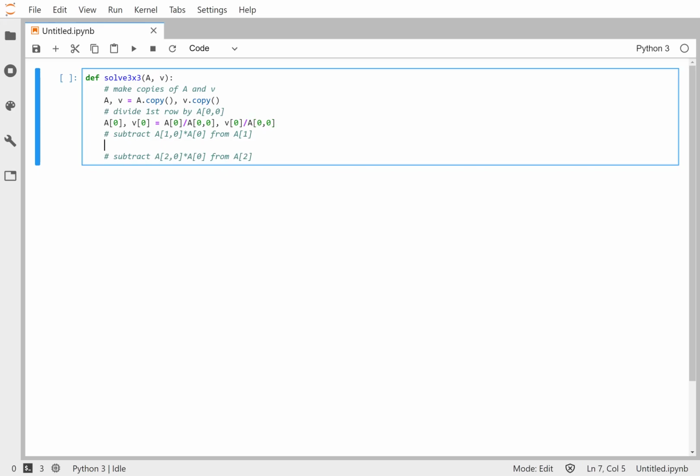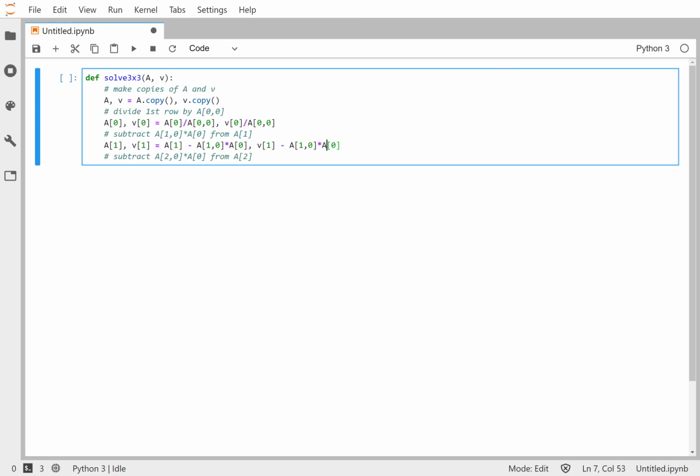All right, so now our next line here, we want to take the row 1, that'd be the middle row of our matrix, and I want to replace it with A1 minus A1,0 times A0. But we want to do the same thing to V as well. So we want to come over here, add a little bit. So the second statement, I want to make V1, put a comma over here, equal to the original V1 minus A1,0 times A0.